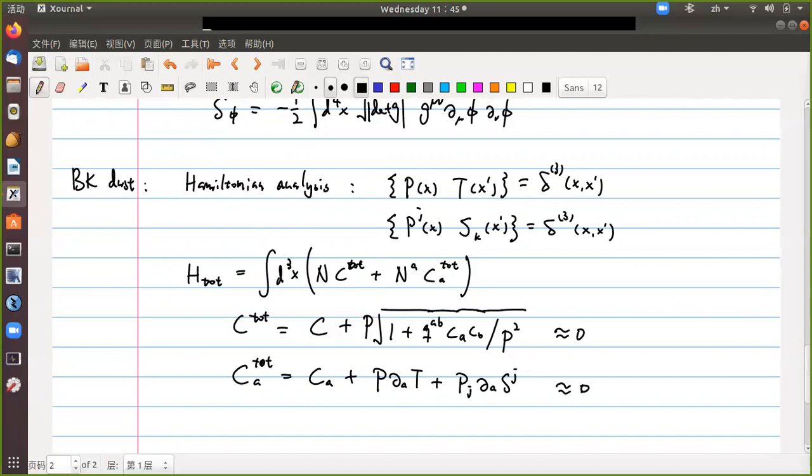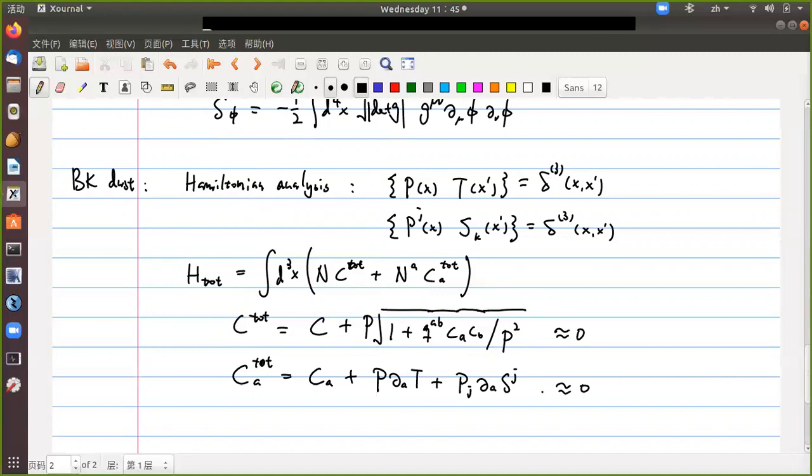Okay, so you can see that although the gravity part of the Hamiltonian is non-polynomial and complicated, the matter part is relatively simple. The matter part depends on P, and it is very simple.